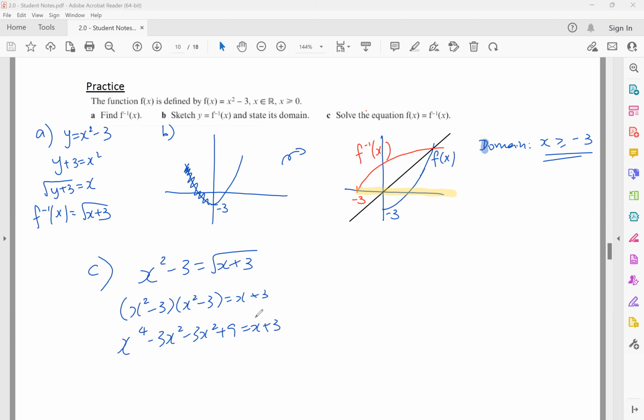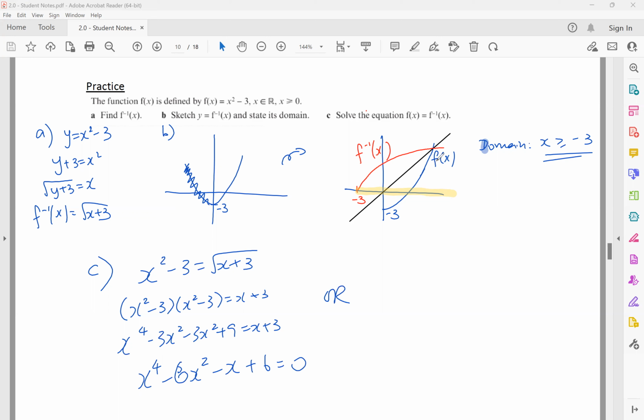A quartic equation, I don't think you have to learn how to solve a quartic equation. Now what you realize here is a very difficult equation to solve. Without a calculator, it's not possible to solve.